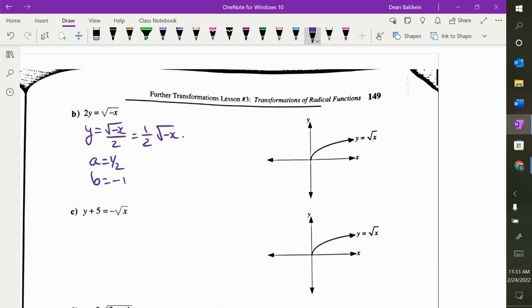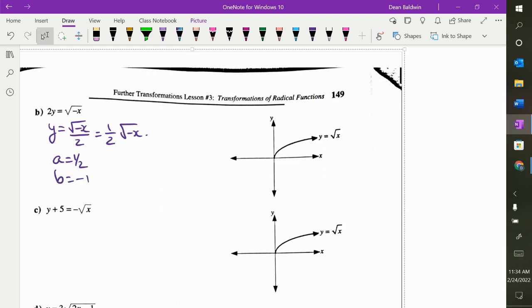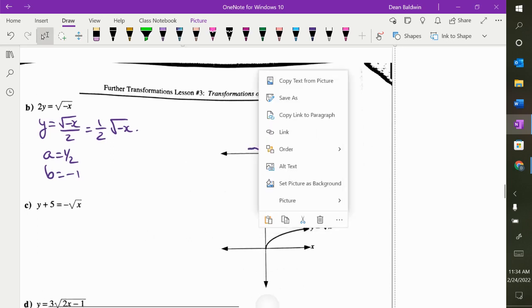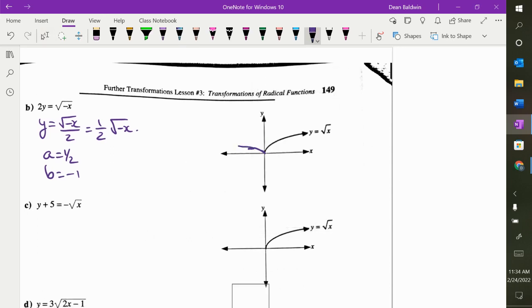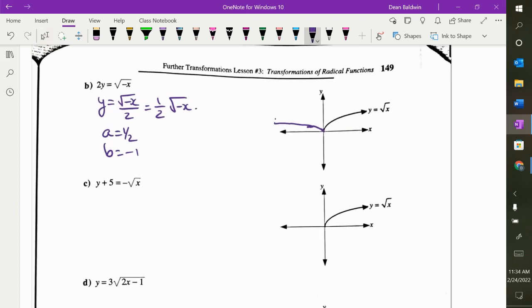So this graph should open the other way. Open a little lower. I did it, but I think the battery is dying in this pen.